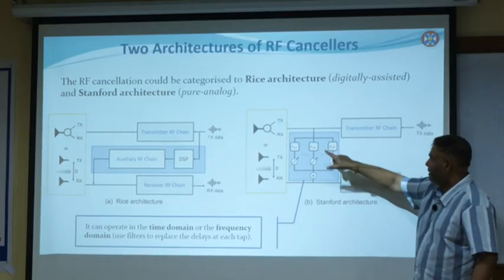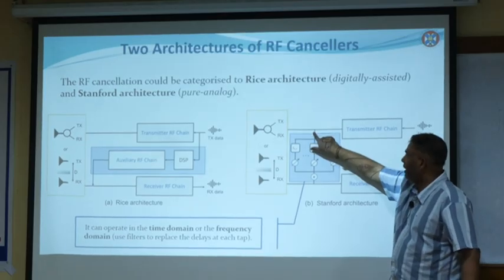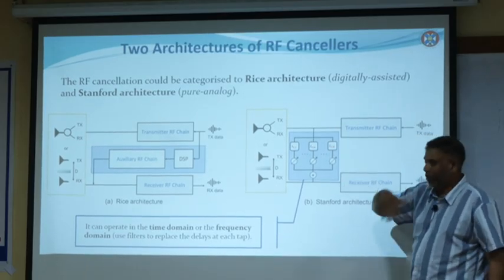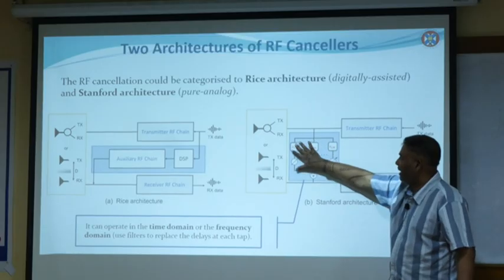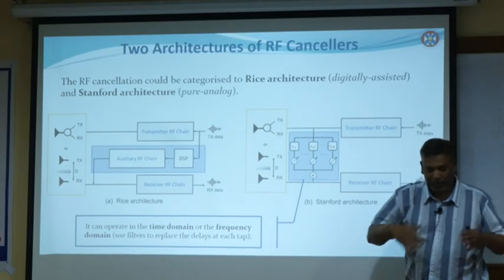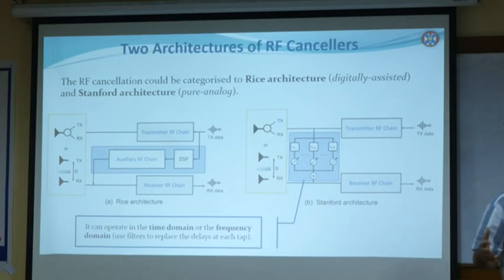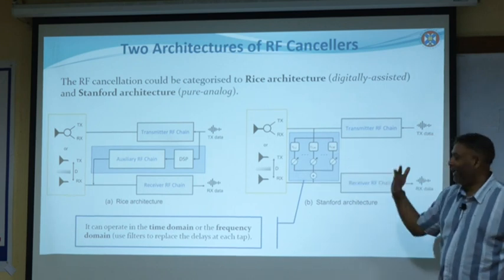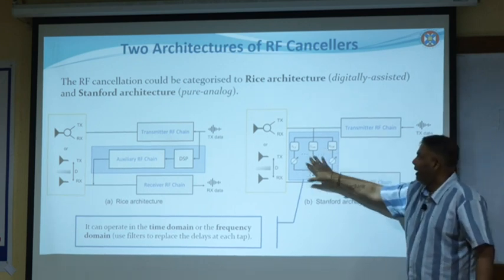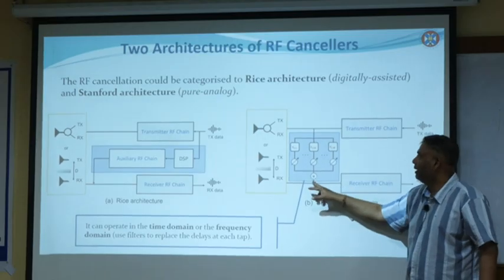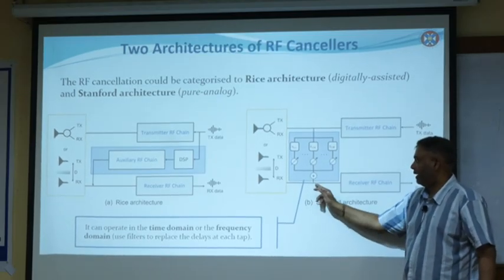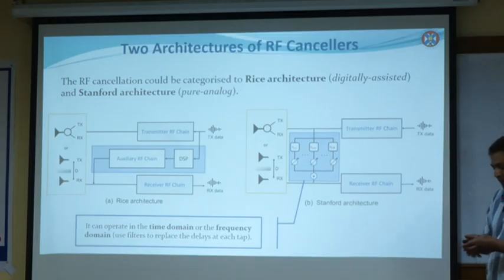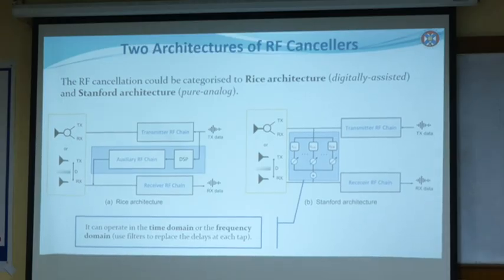So what we did is we take this electrical signal and convert it to the optical domain, and we create this self-interference channel in the optical domain. In the optical domain, the losses are less, so we can have a large number of taps, like 80 taps, and do the cancellation, then change the optical signal back to an electrical signal and cancel the self-interference. That is the technique we proposed.